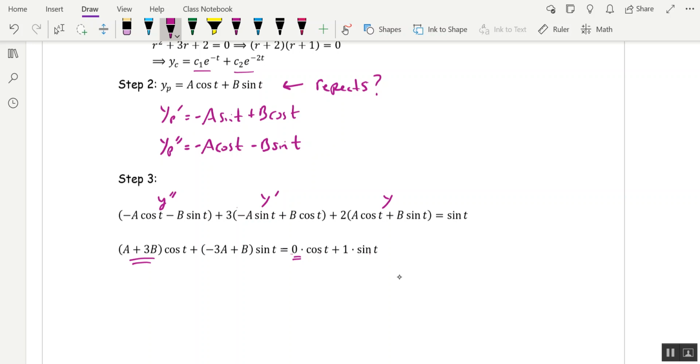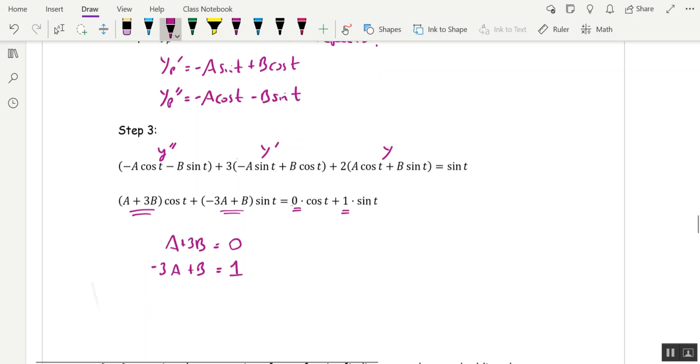The coefficient of cosine is going to be equal on each side. So the coefficient of sine on the left has to be equal to the coefficient of sine on the right. So this is going to give me two equations. A plus 3b should be 0, and negative 3a plus b should be 1. Two equations, two unknowns.